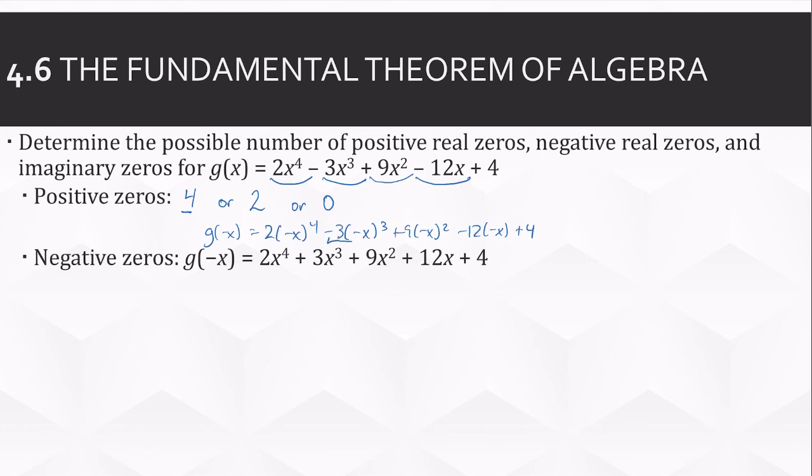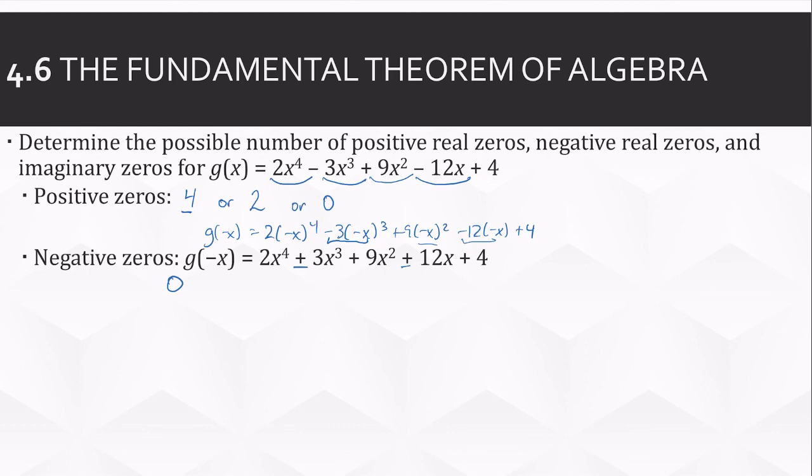So here we'll have negative 3 times negative x cubed, which makes it positive 3x cubed. Negative x squared is positive x squared, but here I have negative times negative, which makes that positive. And now count the sign changes. Wait, there aren't any. So there are 0 negative zeros.